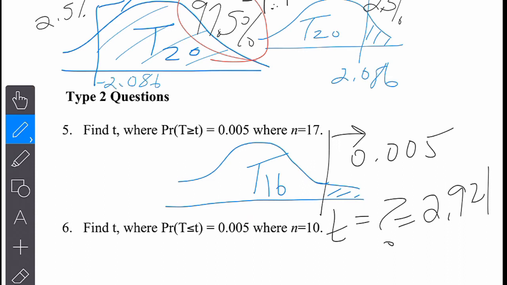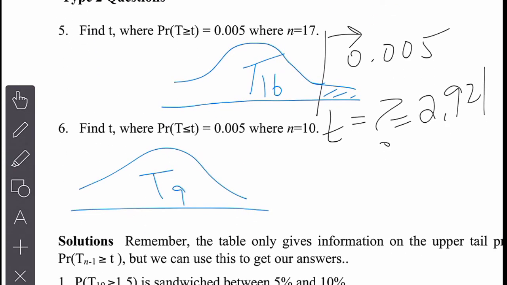And the last one for T9, let's draw it. Oh, that's a terrible drawing. This is T9, I know that because n is given as 10. And for T9, I want to know what's the t critical value, not t-stat, because I'm reading off the table. It's not a calculated value, it's actually like a t-score. It's not calculated from a sample.